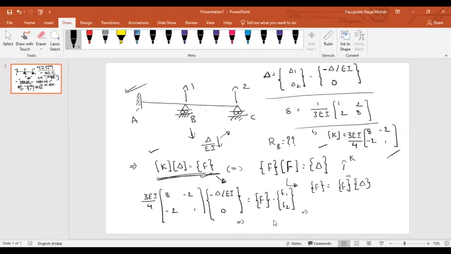From this, what is my reaction at 1? Multiply this: 3EI by 4 times minus 8 delta by EI. These two 0 terms cancel. Minus 6 delta. So what is the reaction at B? Minus 6 delta.